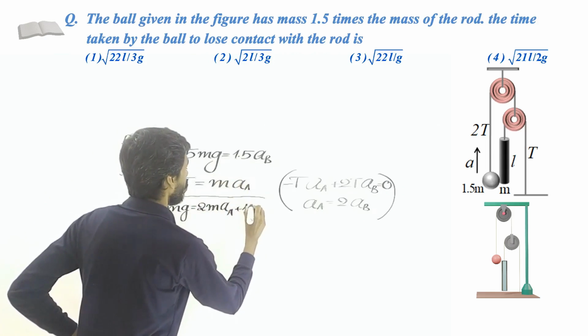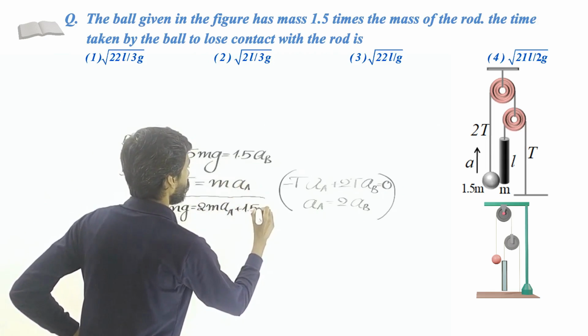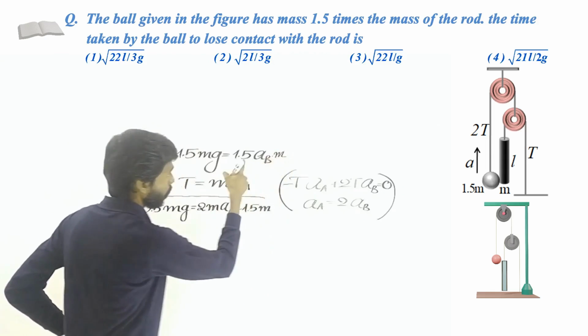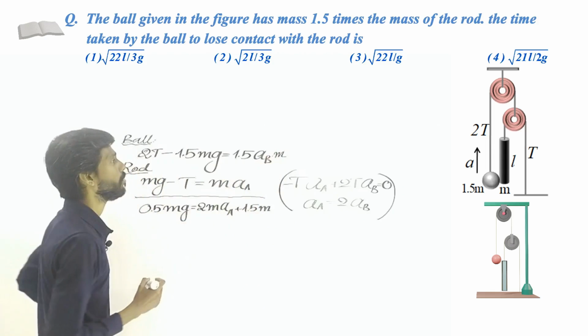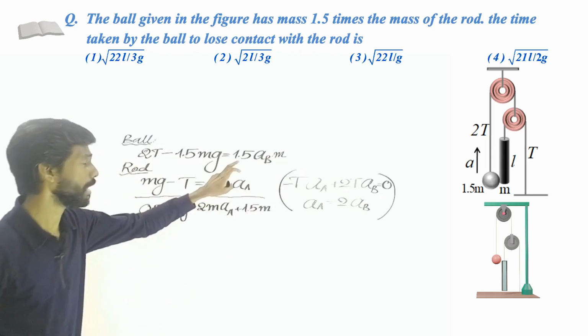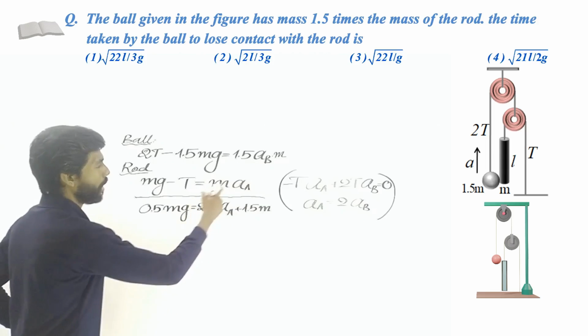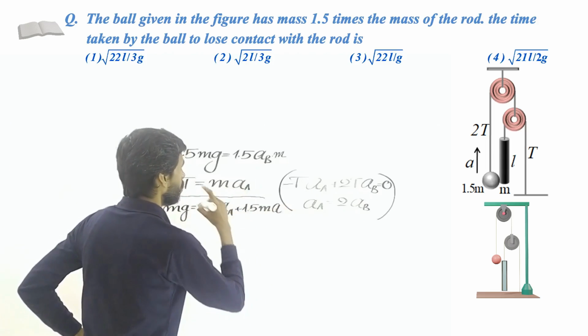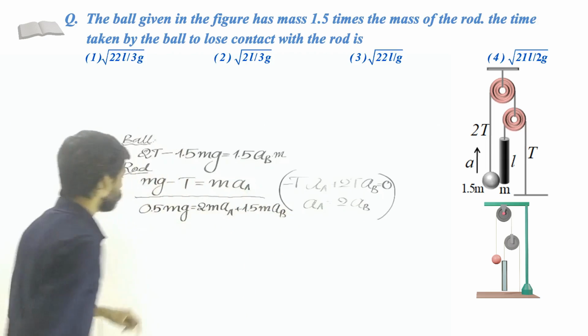So plus 1.5 m. I think I missed m here. 1.5 m is the mass of the object, right? So mass times the acceleration, so m multiplied by acceleration of B. So 1.5 m acceleration of B. Okay, done.